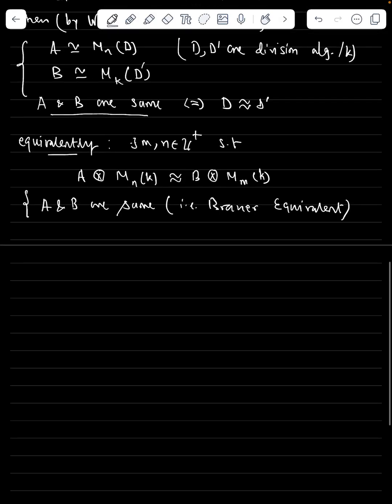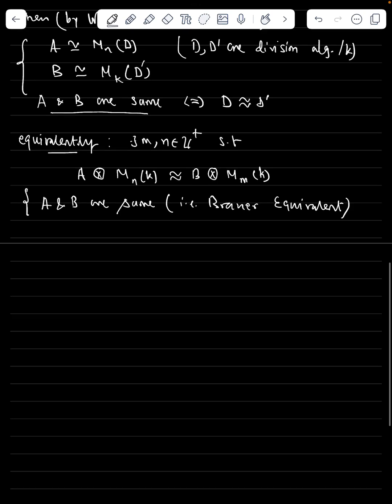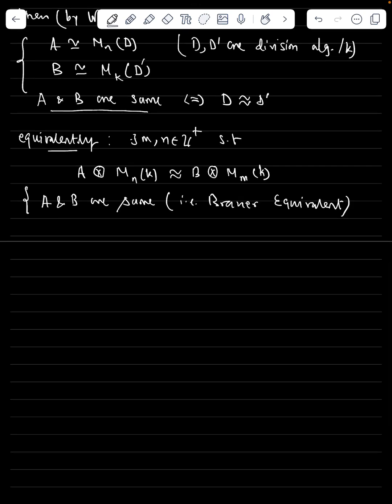And thus, this is how we are defining a set basically. So for a field K, we are defining all these equivalence classes, right?